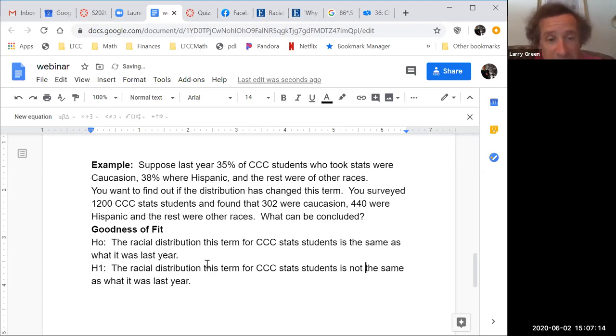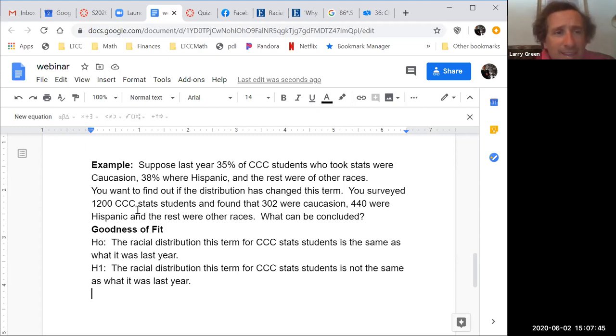So the racial distribution this term for CCC students is not the same as what it was last year. Any questions at all on H0 and H1? Okay, so again, there's more writing, but the good news is that you can copy and paste into H1, and you can also copy and paste into your conclusion. So you have to write a whole sentence, but then you get to copy and paste it 3 times. So that's always a good thing.